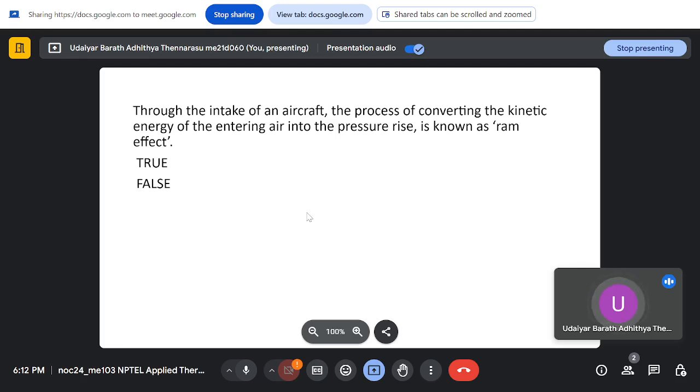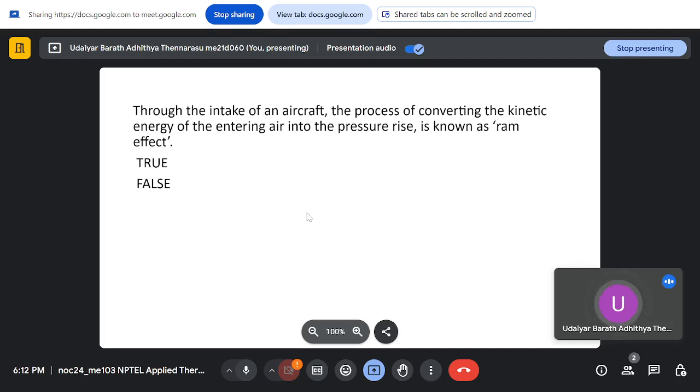The next question is: through the intake of an aircraft, the process of converting the kinetic energy of the entering air into a pressure rise is known as the ram effect. It's a true or false question. I have already explained this in the case of a ramjet engine. If your aircraft is moving at some velocity, the relative velocity of the incoming air is also the same.